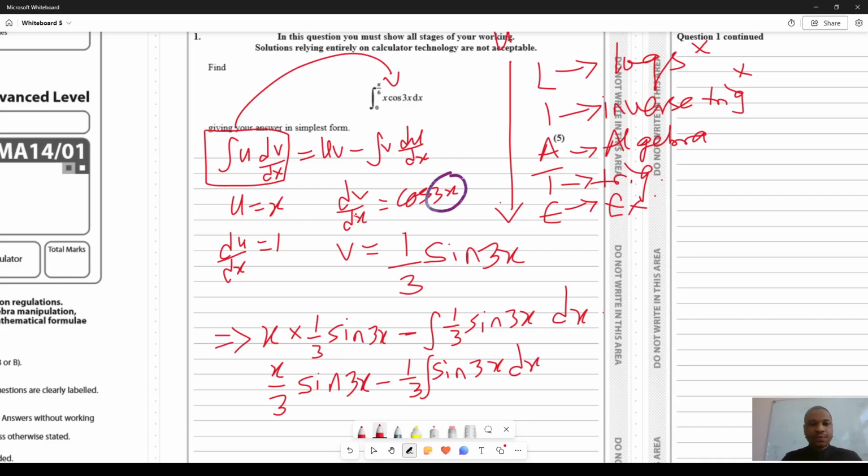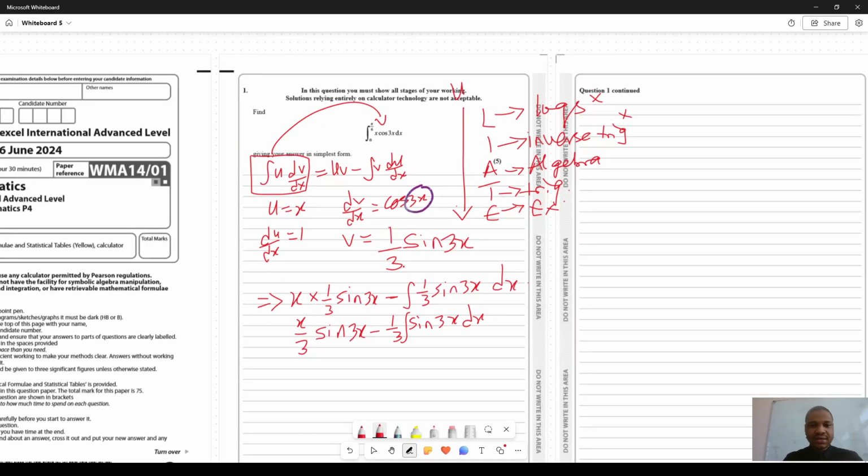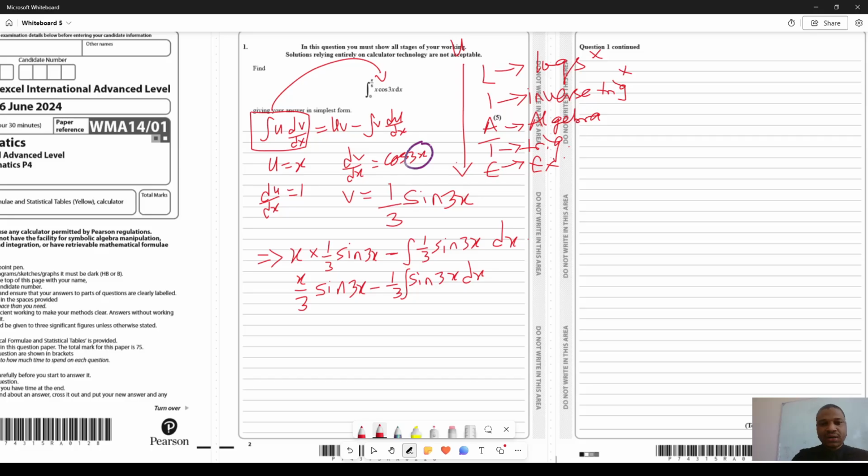Now when we integrate this one, we have already done the integration of that. So x by 3 sine 3x minus 1 by 3, then 1 by 3 cos 3x. That's what we have so far.